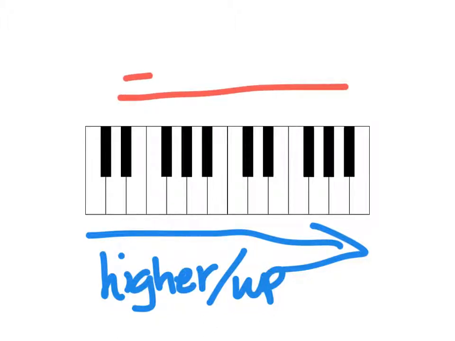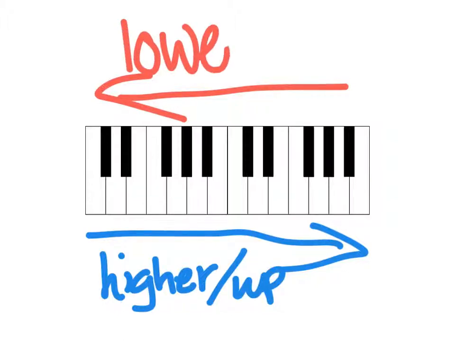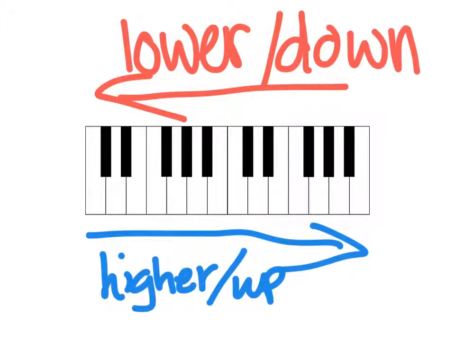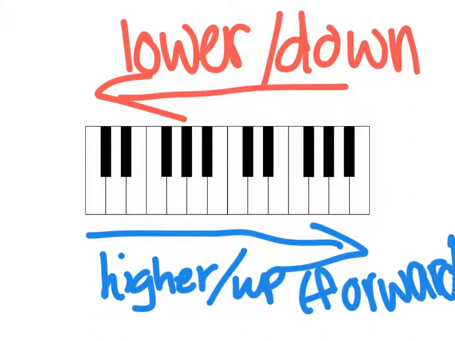When we go to the left, that means we're going lower or we're going down the musical staff. Therefore, we know that our musical alphabet, just like we discovered before, when it goes higher, it goes forwards. And when we go lower, it goes backwards.